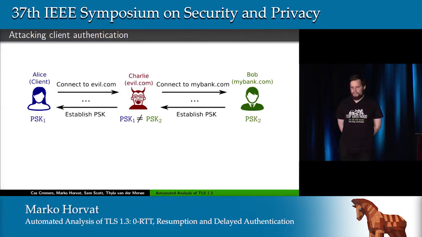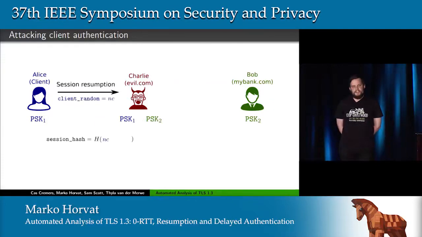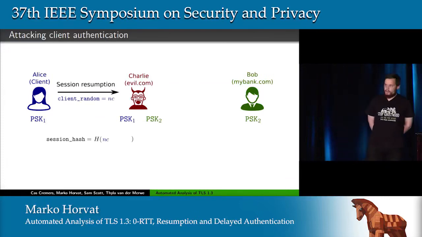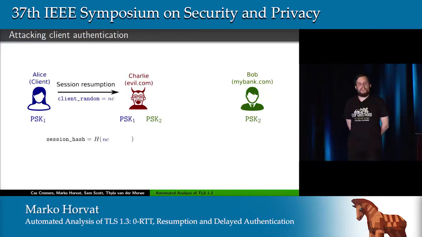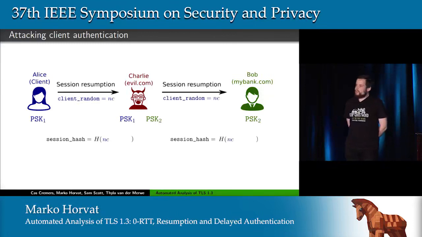But let's look at the second stage. So imagine that Charlie now cuts the connection to Alice. And then Alice comes back trying to resume on a different connection. And she sends her client random value NC in her client hello. She generated a fresh value NC. Charlie then reuses it, he's a client in this other session, the PSK2 session.